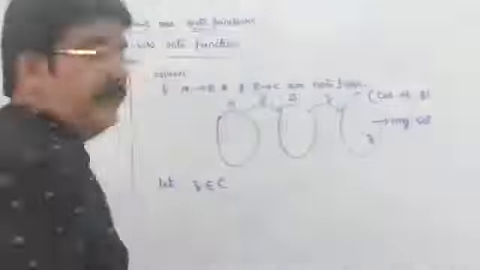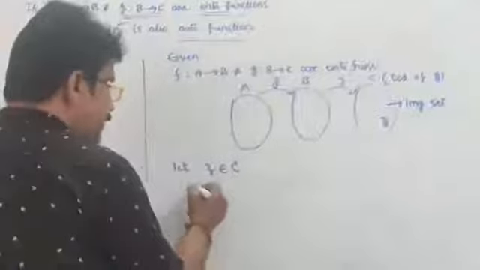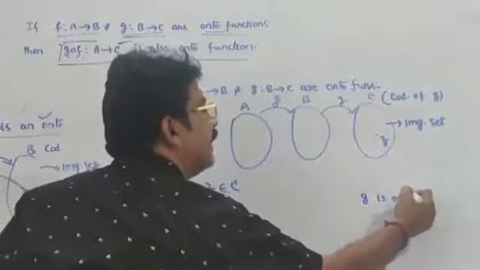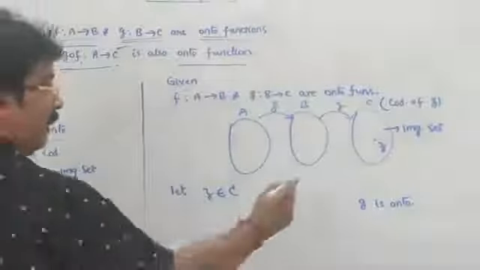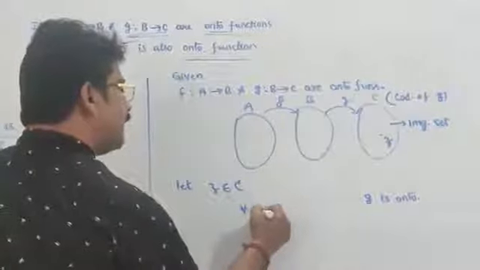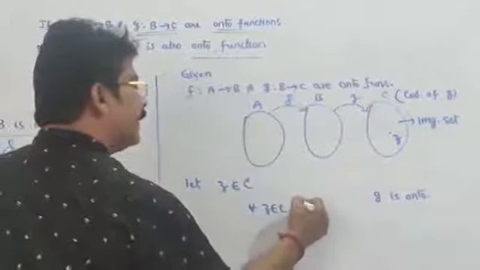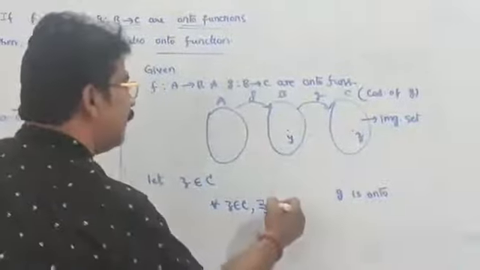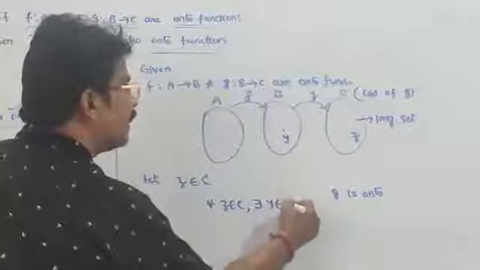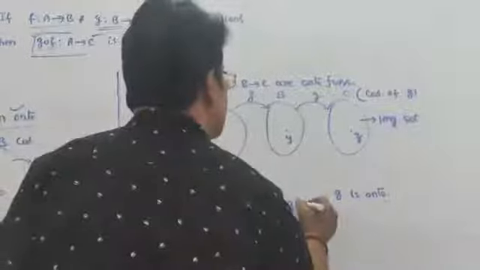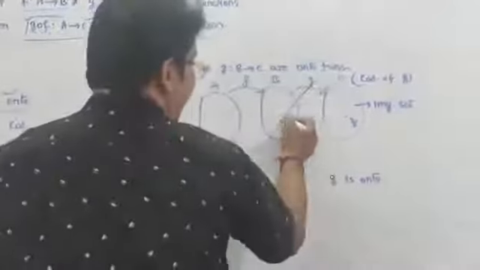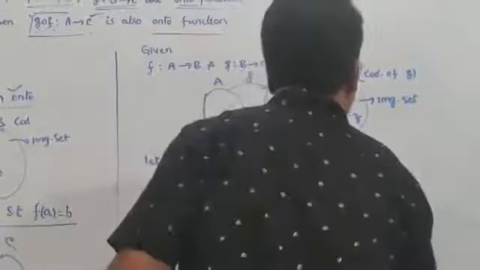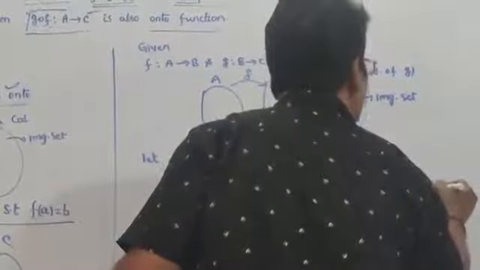G is an onto function. It is given. Definitely for all z belongs to capital C, there exists one pre-image, say y, that belongs to capital B, so that g of y equals z, because G is an onto function.